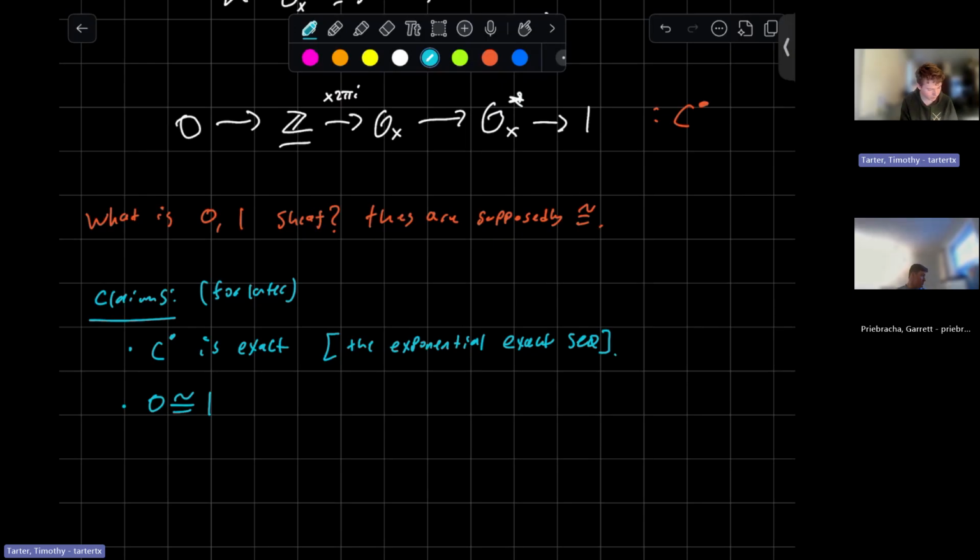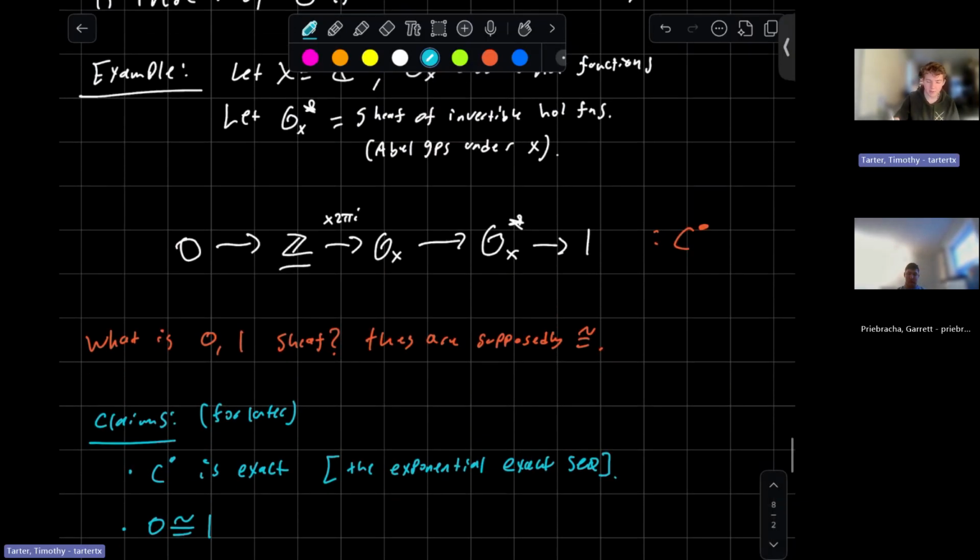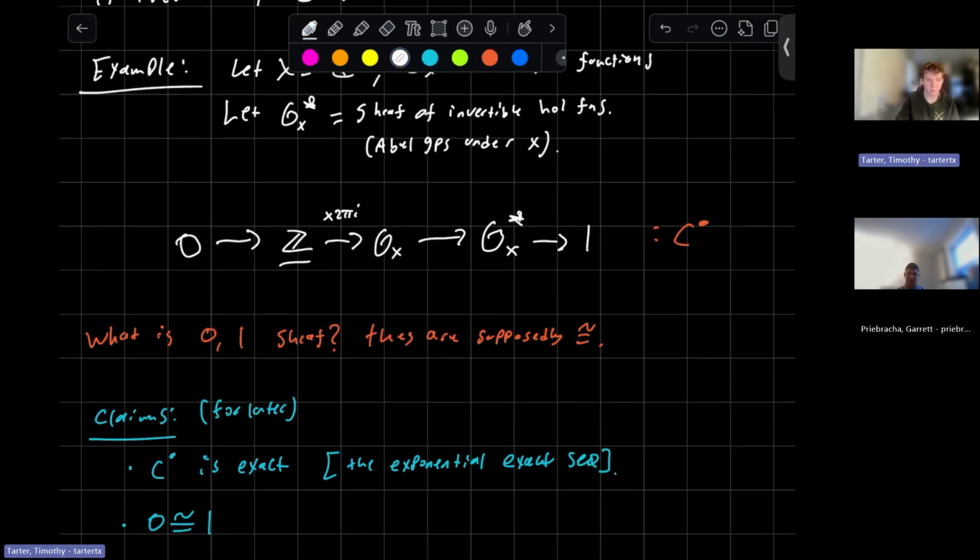I'm really confused. I guess since it's sheaves of abelian groups, they're trivial groups. So this is the trivial group 0, and this is the trivial group 1. Oh, okay.